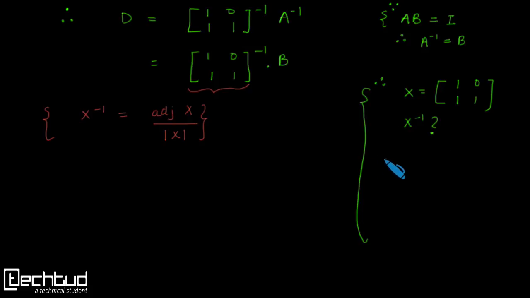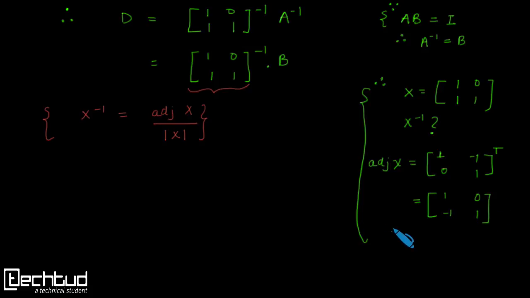First we find the adjoint of X, which is equal to the transpose of the cofactor matrix. Now what will be the cofactor of this first element? The cofactor will be 1, and here the cofactor will be -1, 0 and again 1. Now this equals [1, 0; -1, 1].